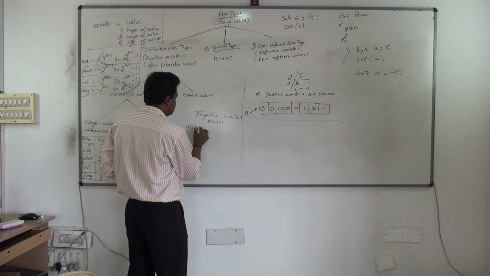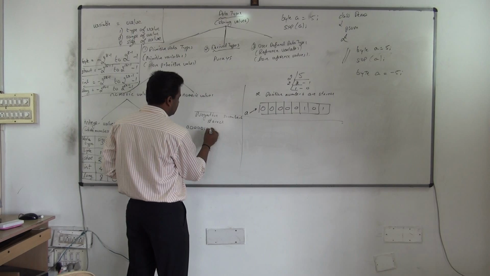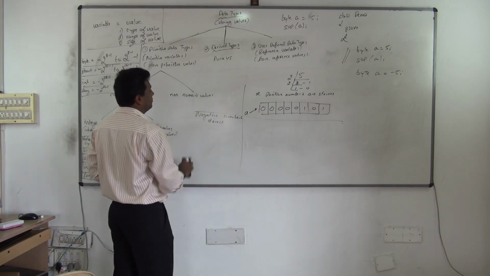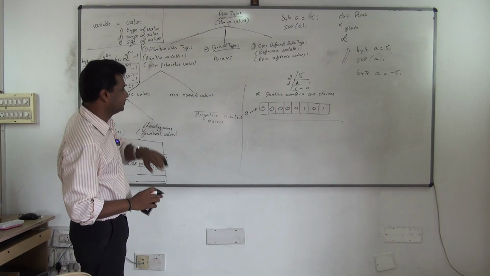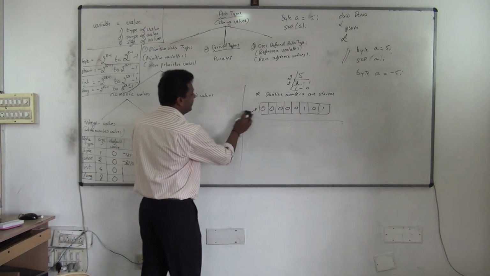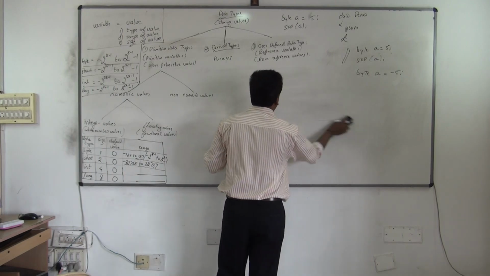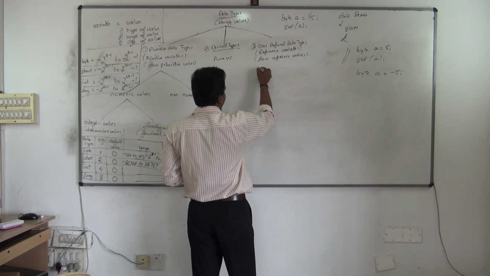I don't have space here. Where to write? I'll clear here itself. How positive numbers are stored, you know that very well. Now let's see how negative numbers are stored.